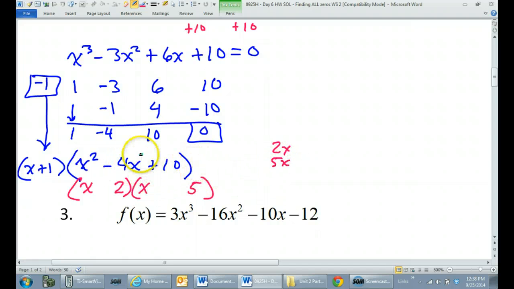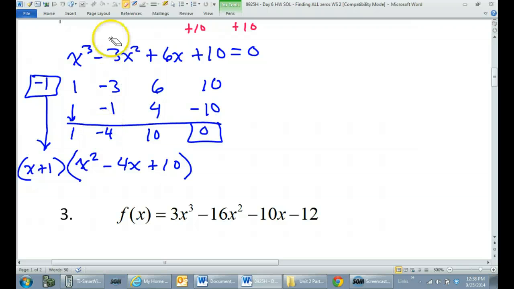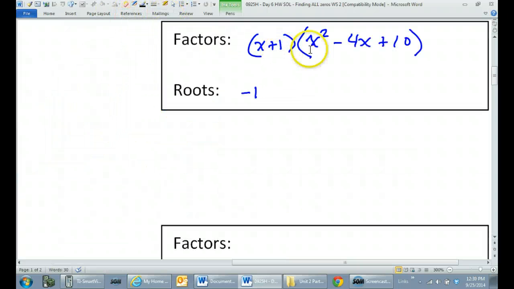It'll be even worse if I try to do 1 and 10, all right? So this is actually not factorable. So to find the zeros, the roots of the equation, I'm going to have to do something else. So first of all, as far as the factors go, I'm done. This is officially completely factored.